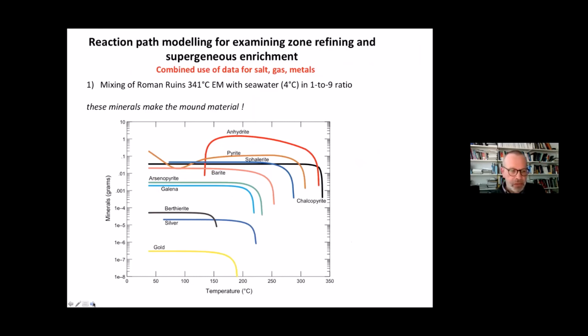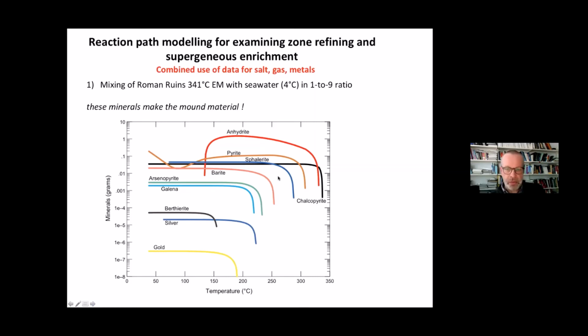and make a pitch for this reaction path modeling that allows you to combine all the data we have for salt, gas, and metals. And what we do here is we just mix. We take one of these fluid samples that we collected at this Roman Ruins site in Manus, and just mix it with seawater, because this is what's going on when the primary sulfides first form.